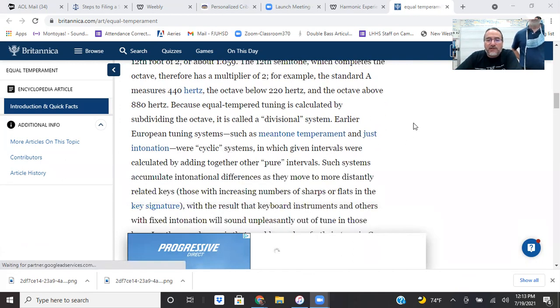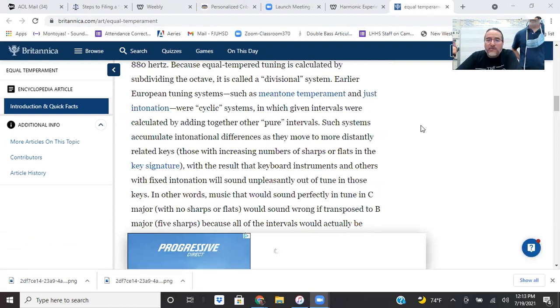"Because equal tempered tuning is calculated by subdividing the octave, it is called a divisional system. Early European tuning systems such as mean tone temperament and just intonation were cyclic systems, in which given intervals were calculated by adding together other pure intervals." That's the compounding, I think, that we see on the lattice.